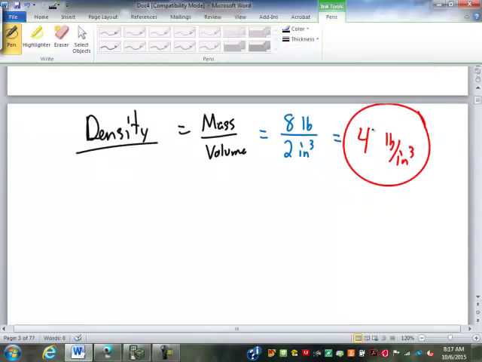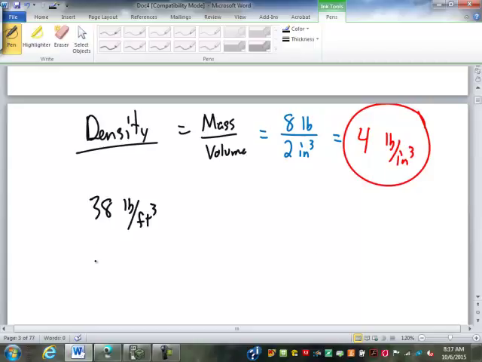Now the other thing you can do, for example, most woods, depending on how heavy or light they are, run between 25 and 45 pounds per cubic foot. So let's take a standard hardwood of 38 pounds per cubic foot. And let's say I have a project that's going to require 24 board feet.